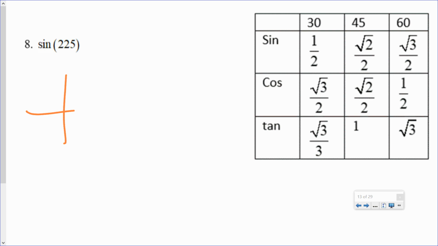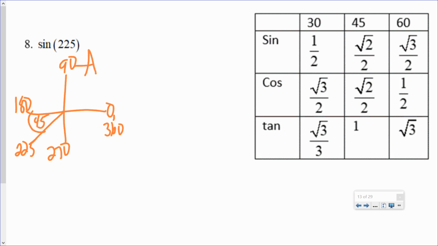Okay, if I sketch it, 0, 90, 180, 270, 360, 225, 45. All students take calculus. QSFR.